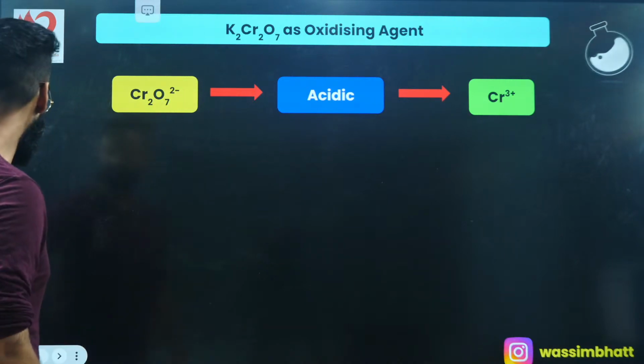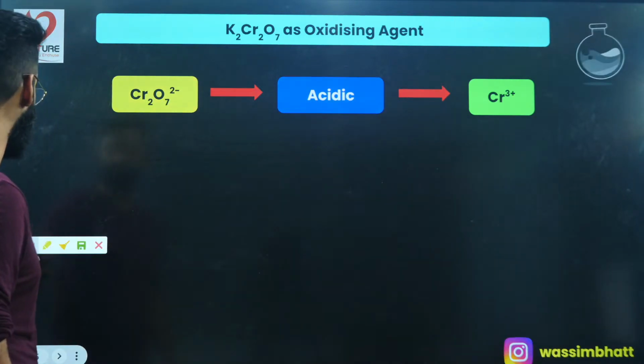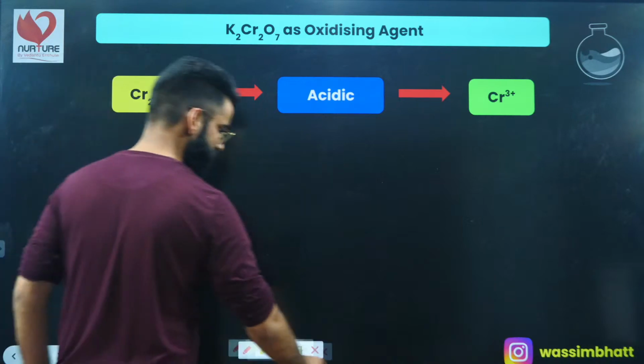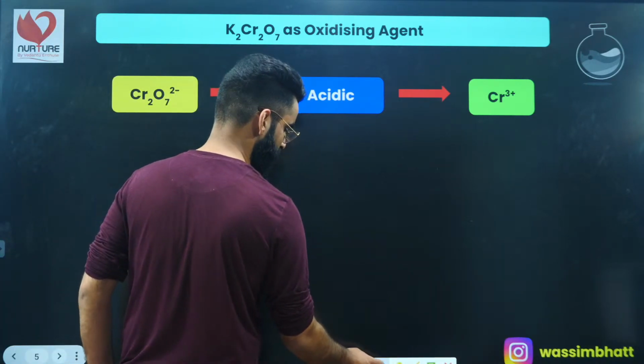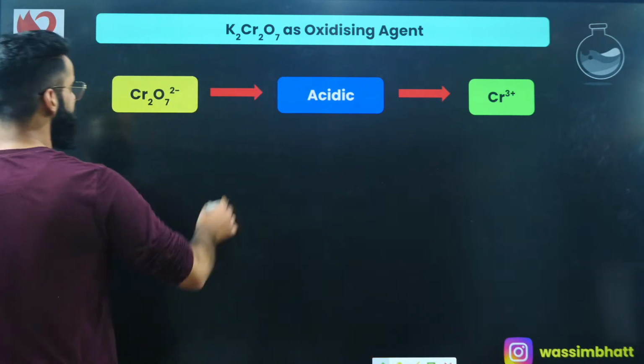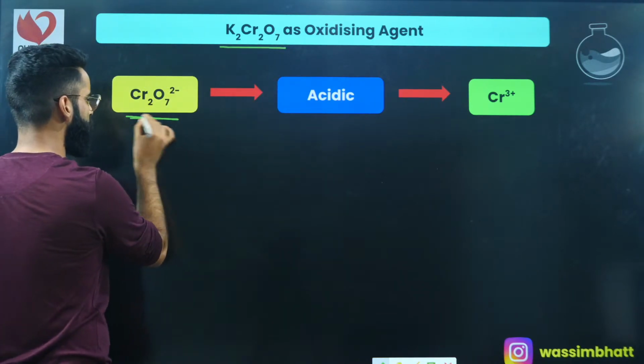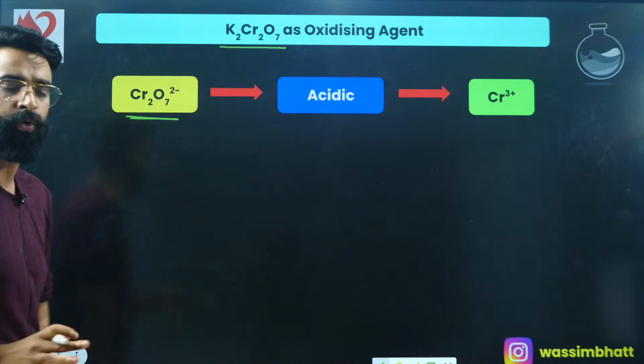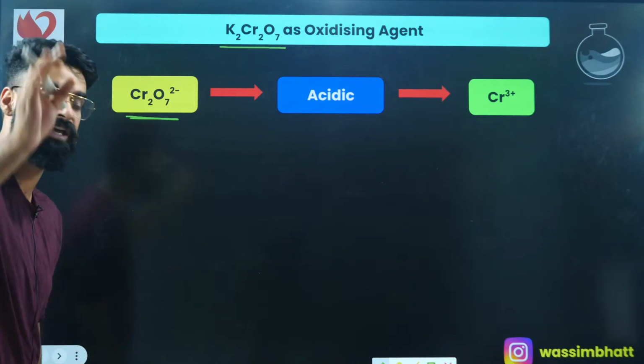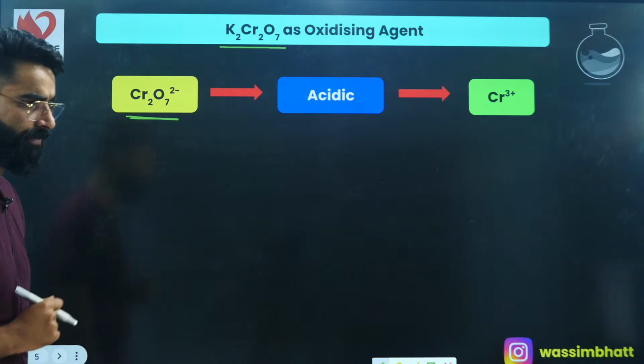And in tonight's session, we are going to talk about one more oxidizing agent that's called K2Cr2O7, potassium dichromate. K2Cr2O7, or you can write it simply as Cr2O7 dinegative. It is one more oxidizing agent like your KMnO4, right?